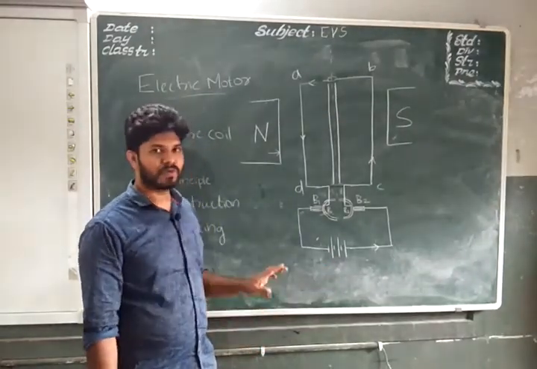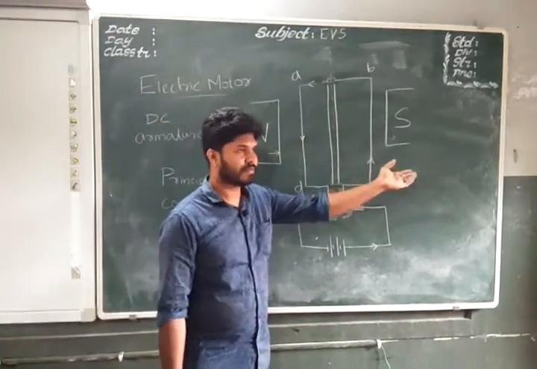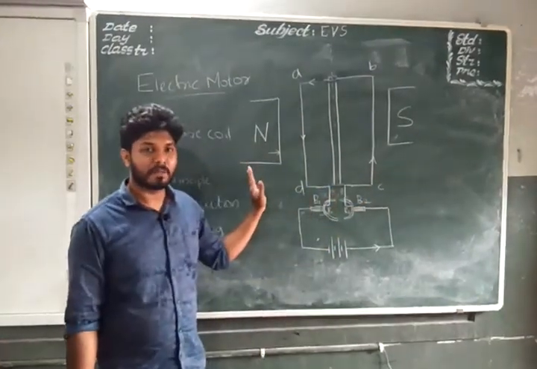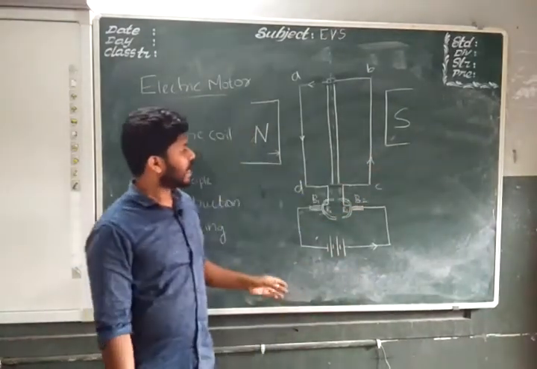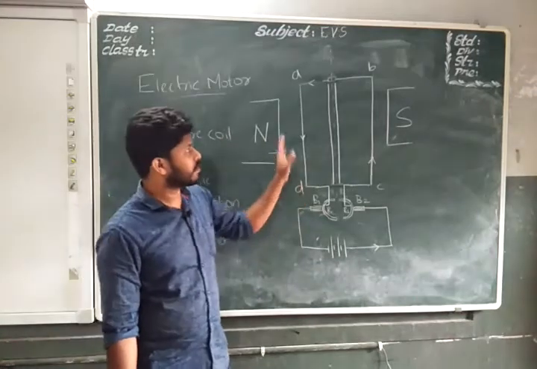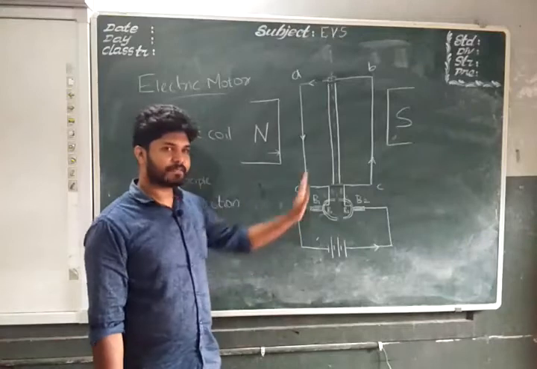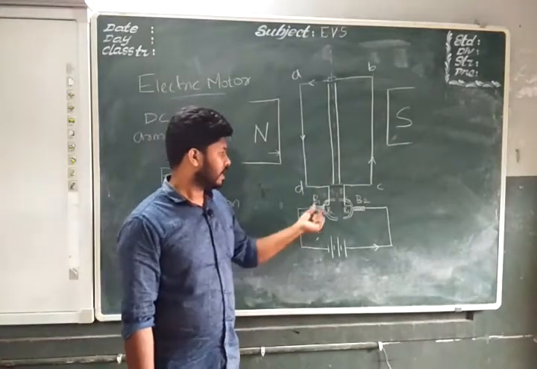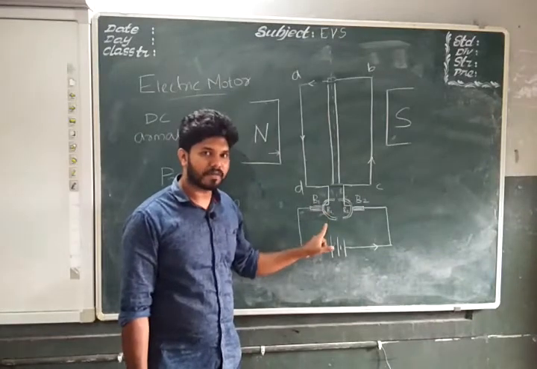So once more, what are the things we used? We used a powerful magnet with north and south poles pointing towards it, and an armature coil named ABCD, which is a conductor fixed on an axis. It is connected to a ring R1 on one side and to R2 on the other.